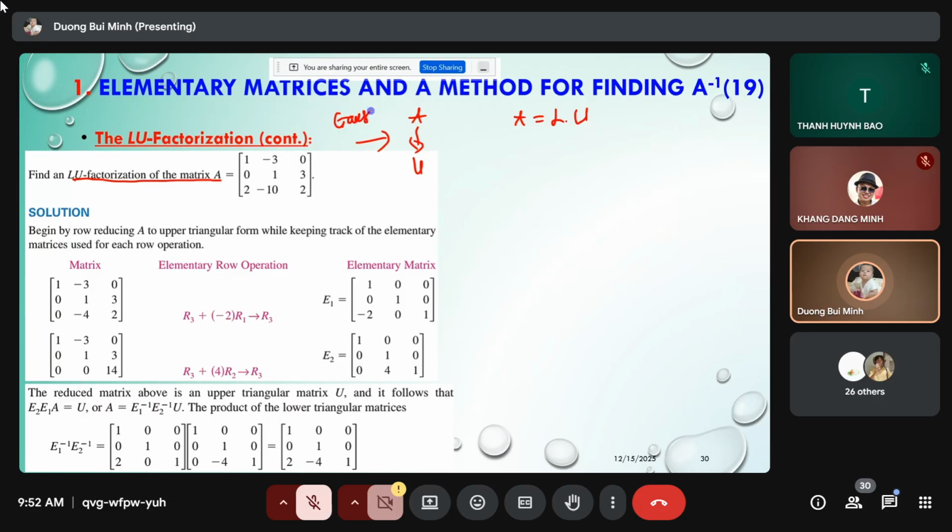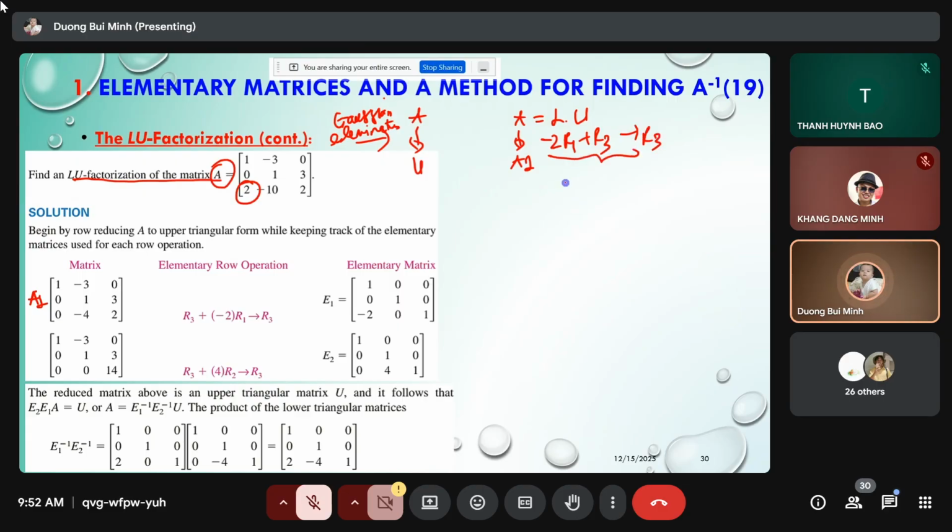We apply Gaussian elimination. So this is A, and this is A1. A becomes A1, we would like to modify here to become 0, right? So that means we apply minus 2 times R1 plus R3 related to R3.